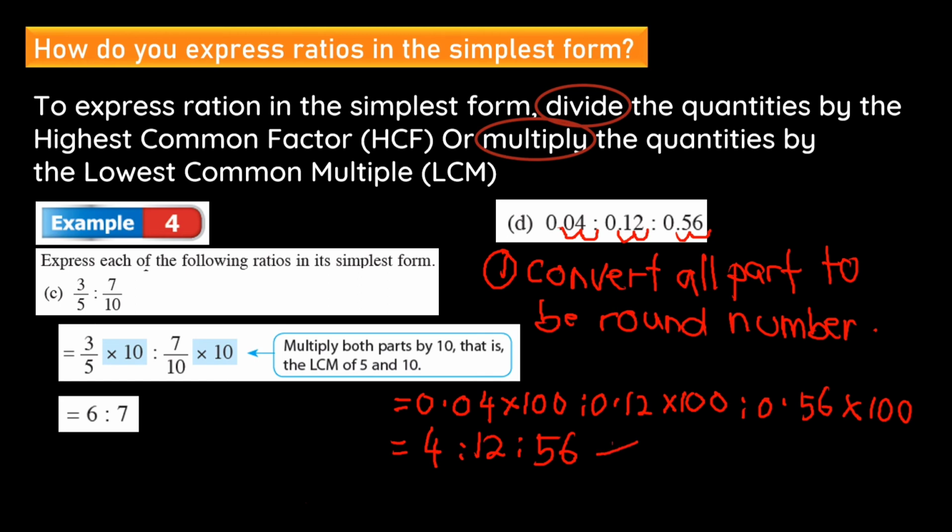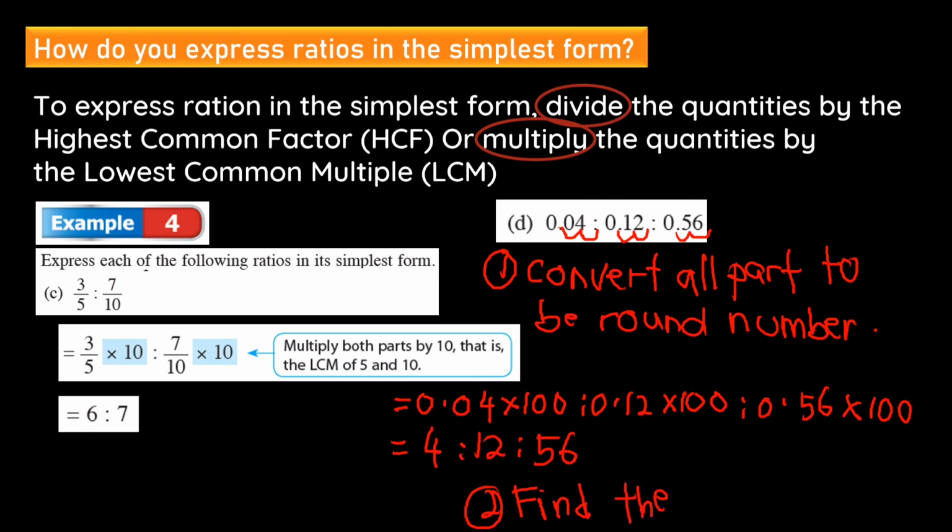Is this in simplest form? No, this is not in the simplest form yet. So to make it the simplest form, as usual, we need to find the HCF.